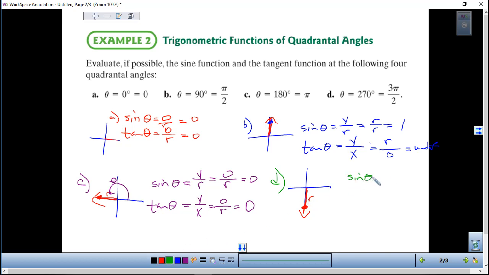And the sine of this angle theta, 270, is going to be, once again, y over r, and tangent of theta is going to be y over x. So here the y is 1, or r, over r, which gives me a value of 1 for the sine. And for tangent, I've got r value is my y value, and my x value, I don't go either way from the y-axis, so that value is 0. So once again, it's undefined.